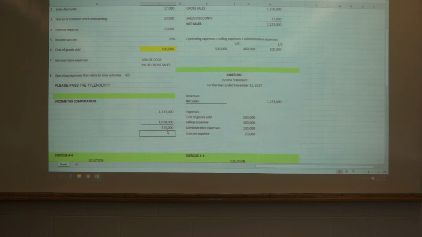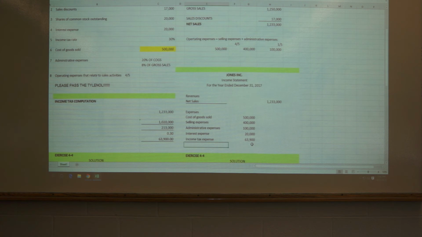Doing this right. Okay, 213, with a 30% tax rate. So our taxes would be the 213 times 30%, or 63.9. So we could just go income tax expense, 63.9.